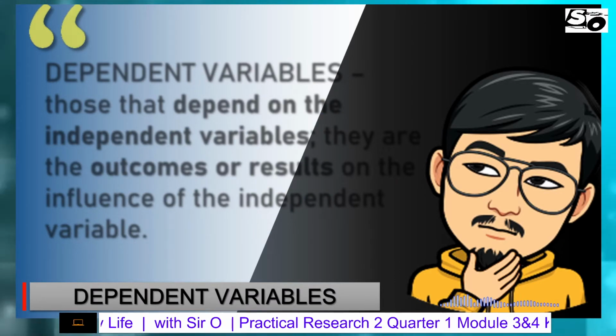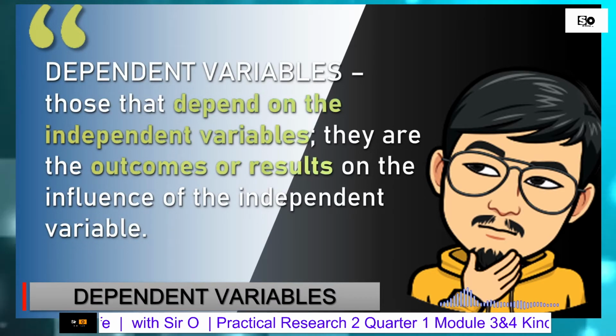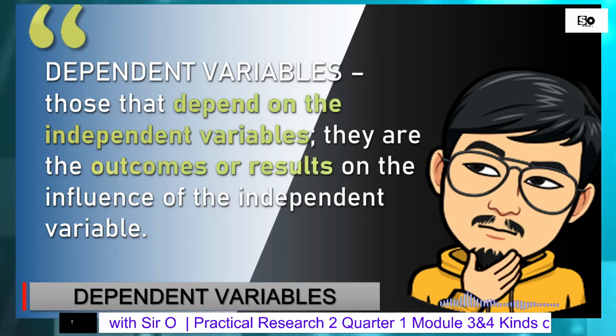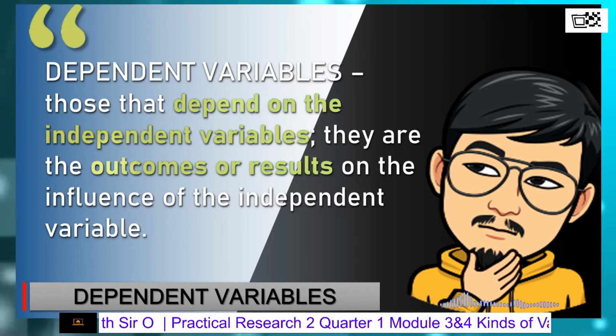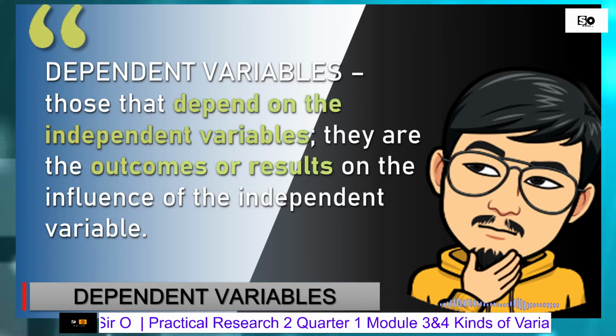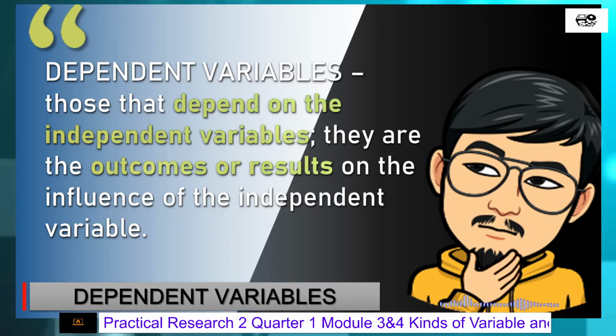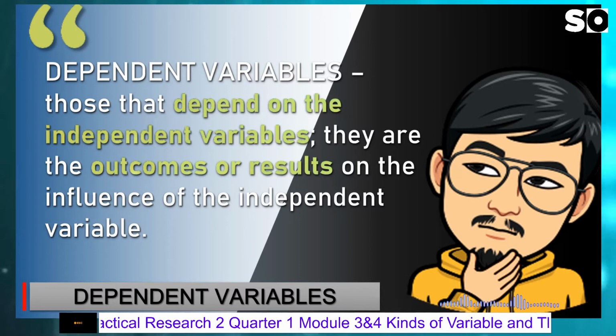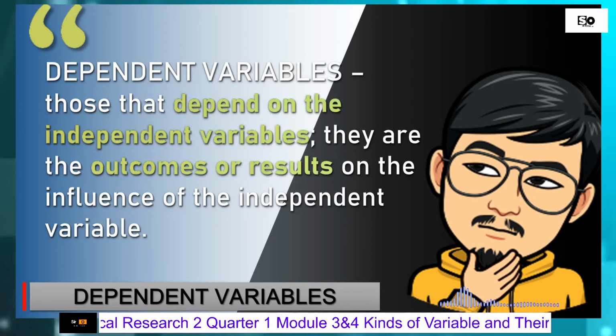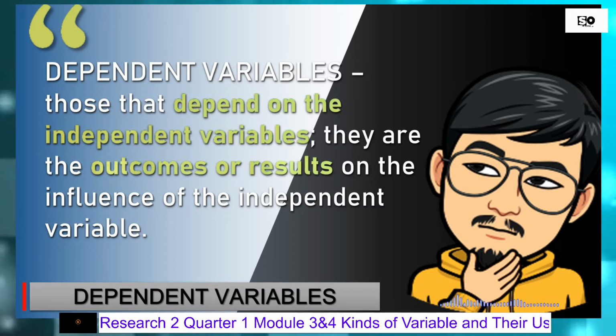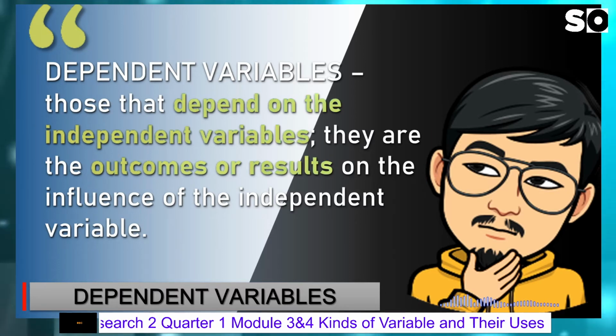Dependent variables, those that depend on the independent variables. They are the outcomes or results on the influence of the independent variable. Ito ang mga kinalabasan o mga resulta sa impluwensya o naapektuhan ng ating independent variable.